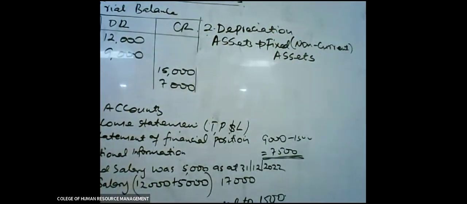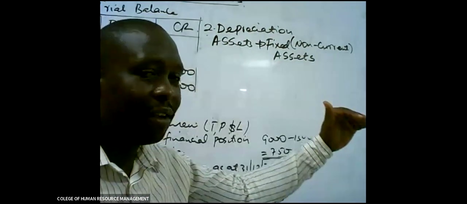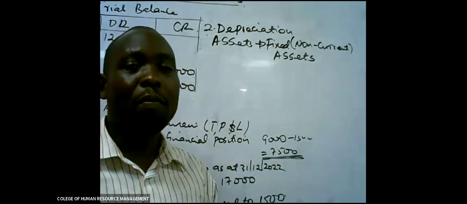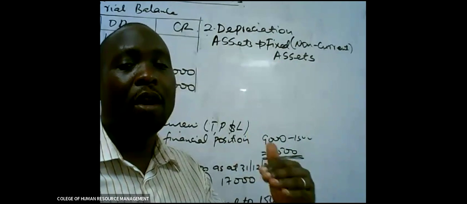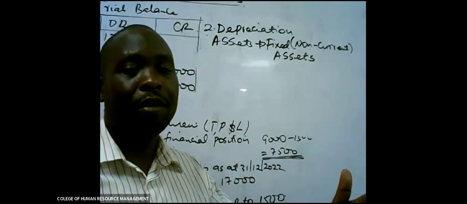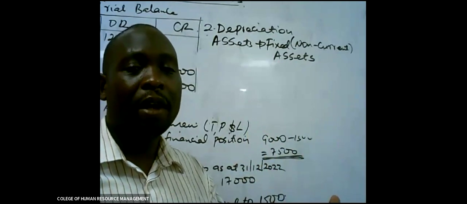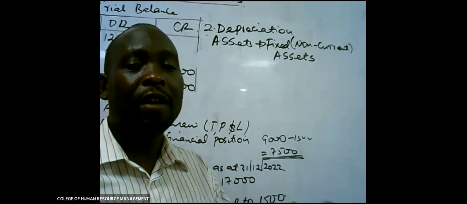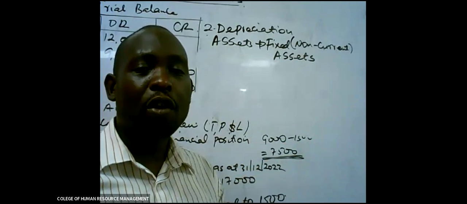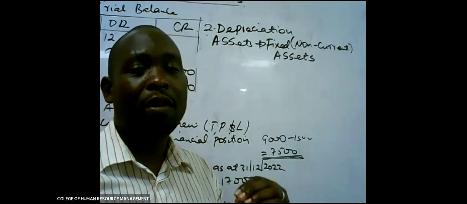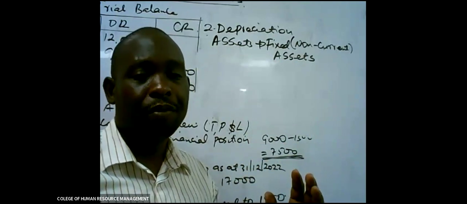We talked about them when we were talking about the accounting equation and all that. We say the fixed assets are those resources that are owned by the business, and the business is going to make use of them for a long period of time. The assets that we acquire with no intention of selling them in the future. We are acquiring them with the only intention to use them to run the business smoothly.